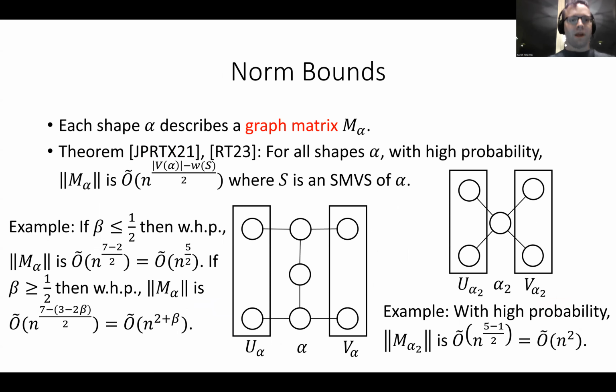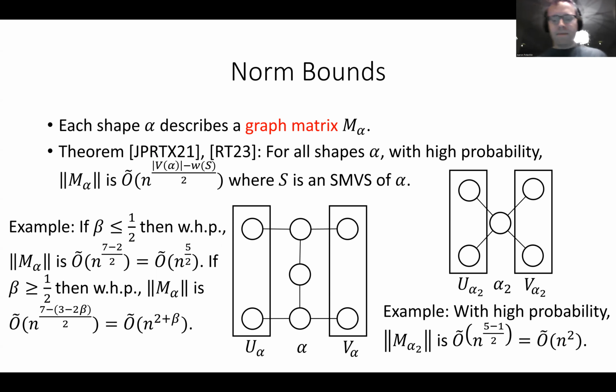Now, in our analysis, each shape alpha describes a graph matrix M alpha. There are rough norm bounds on these graph matrices, which are as follows. For all shapes alpha, with high probability, the norm of M alpha is O tilde of n to the number of vertices in alpha minus the weight of a minimum SMVS S of alpha, divided by 2.